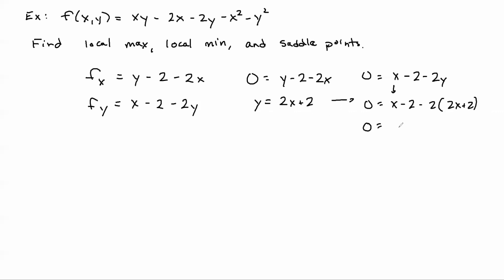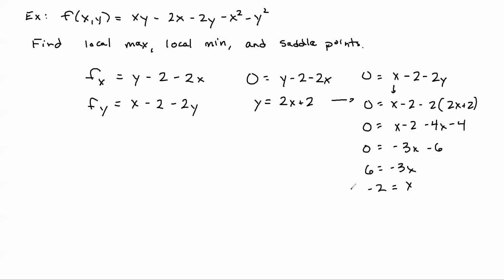And we get 0 equals x minus 2 minus 4x minus 4. This is negative 3x minus 6. So we get 6 equals negative 3x. Then x equals negative 2.